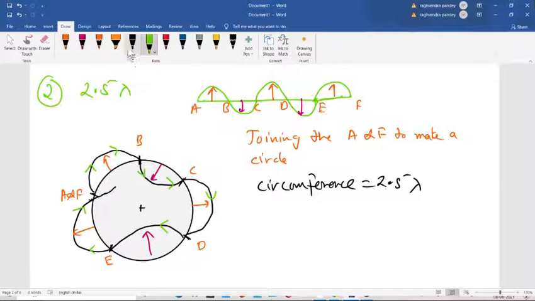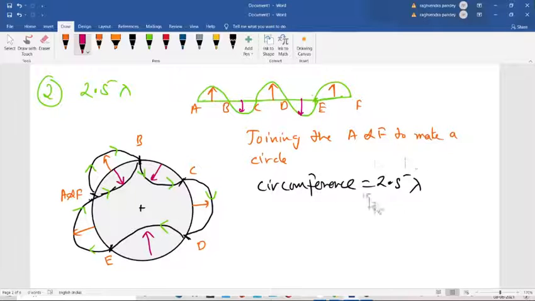It is making the trough here. So that is the problem with this.